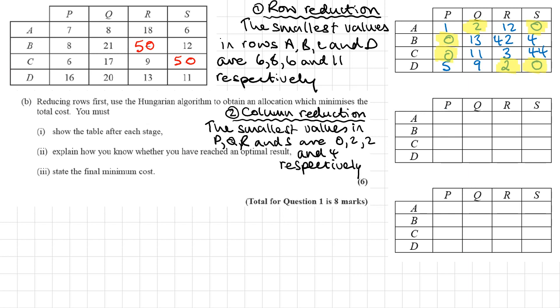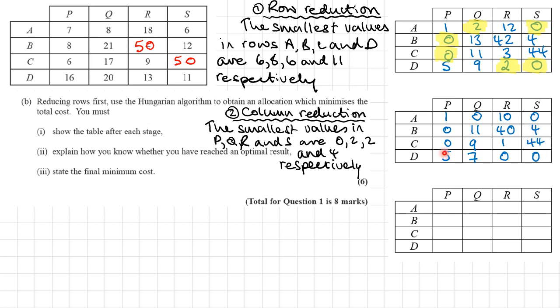So I'll have 1, 0, 0, 5. In the second column, I'll subtract 2 from each of those values. So I'll have 0, 11, 9, and 7. Third column, subtract 2 from those values. So 10, 40, 1 and 0, and the last column subtract nothing, so I have 0, 4, 44 and 0.